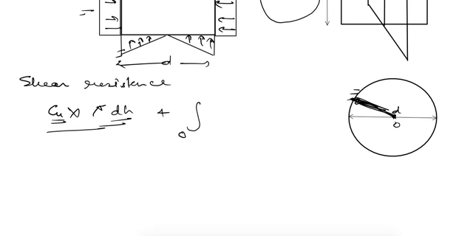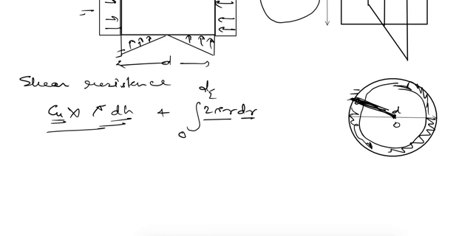It can be written as the integration from 0 to d by 2 of Cu 2 pi r dr. Here we have taken a strip of dr thickness at this perimeter, and we are integrating from 0 to d by 2, that is equal to r.